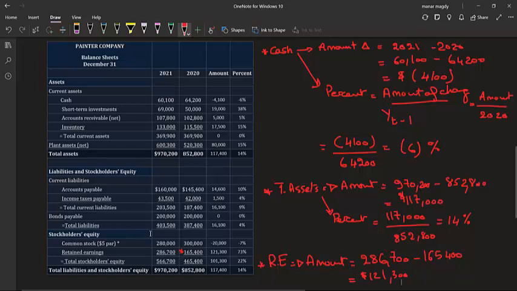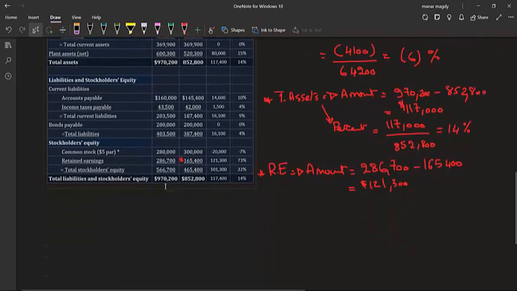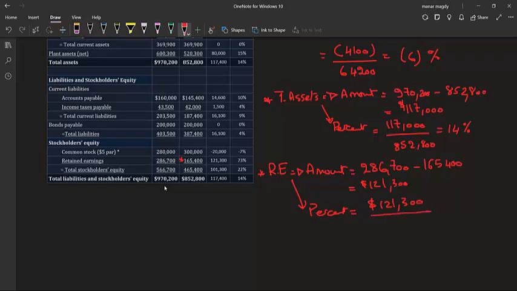And the percentage of increase in this case, let's just write it here, is that you take the amount of change, 121,300, divided by the amount of last year, in order to understand whether it increased or decreased from last year. The amount of last year equals 165,400.